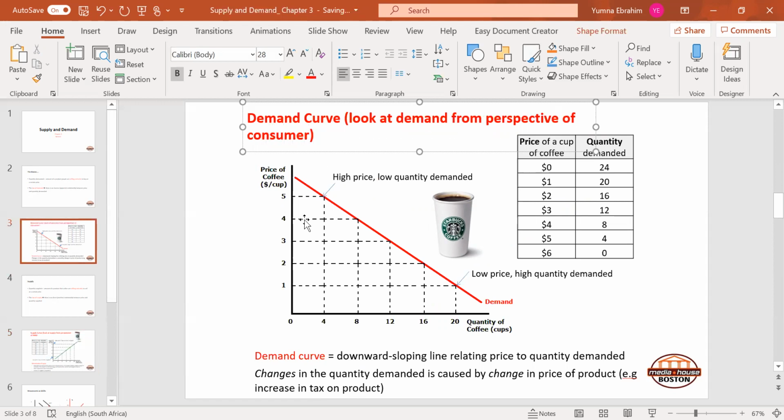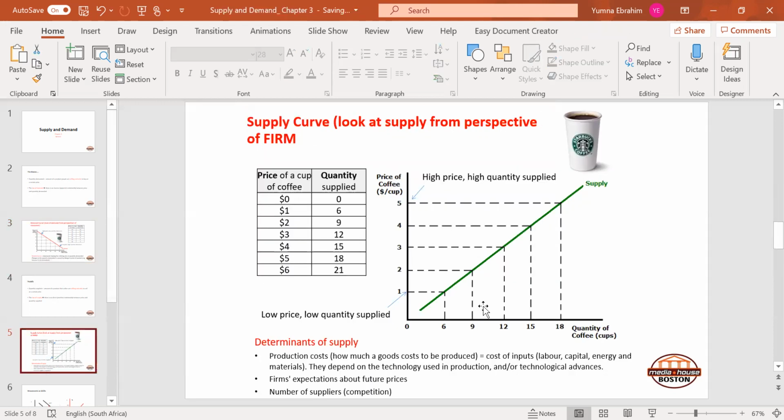As a consumer, you want lower prices, and as the price is lower, you are willing to purchase more. As a supplier, when the price you can charge is low, you supply less, and when the price you can charge is high, you are willing to supply more.